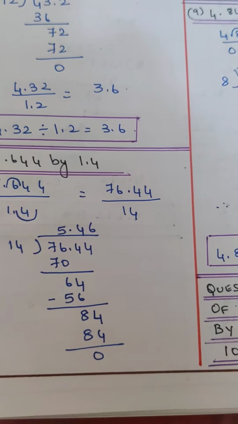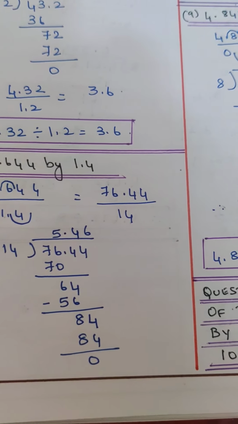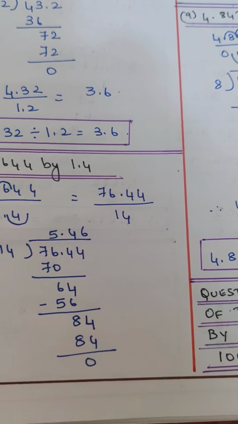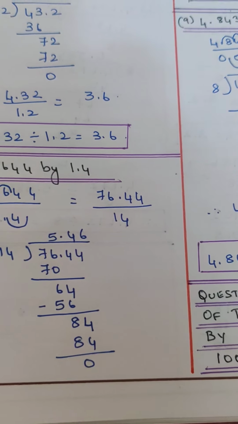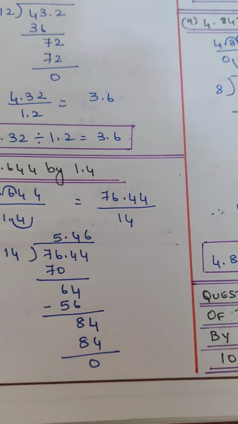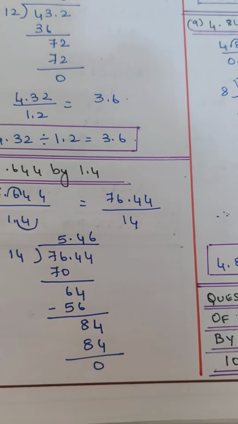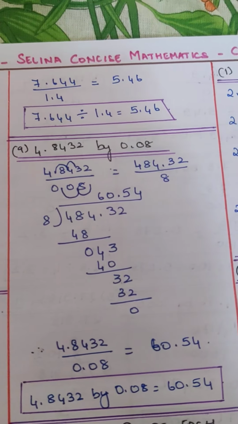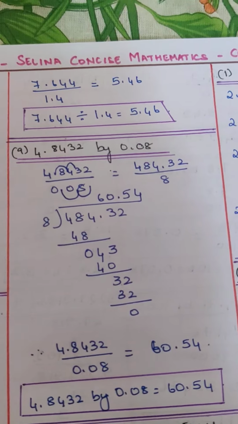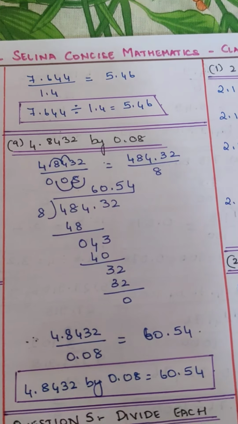So put a point next to the quotient, 5.6 now. So 14 4s are 56, 8 is the remainder. So get 4 down again, then 14 6s are 84. Therefore the remainder is 0 and the quotient becomes 5.46. Therefore 7.644 divided by 1.4 is equal to 5.46. Hope it is clear.